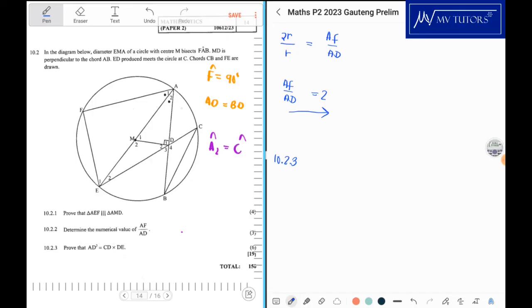So AD, let's just highlight that. CD, there's also CD, and DE. Okay, so there's CD and DE. What do all of these things have in common? Okay, so we have AD squared. Okay, we have this.